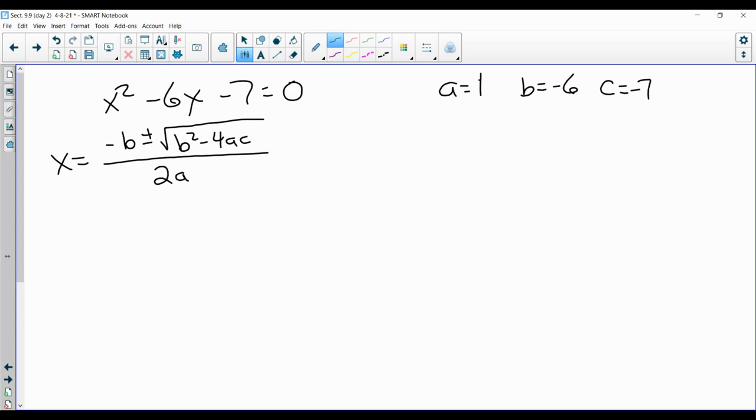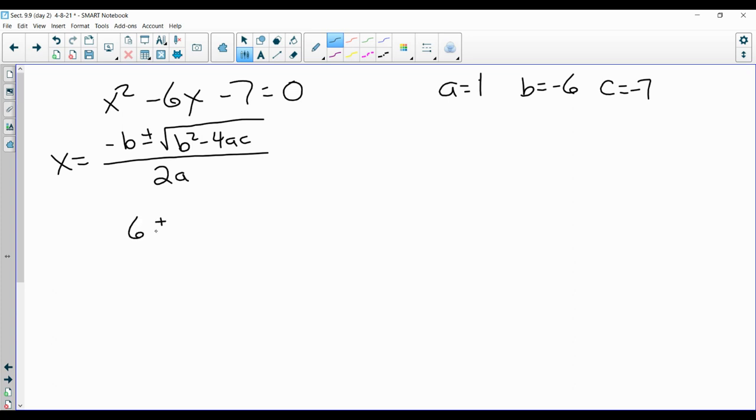Rachel, let's just go in order right here. Can you tell me what do I need to plug in now? Negative b is 6, plus or minus. Okay, good. Recognize she said 6, because really this is the opposite of b since it's a negative variable. So that's a double negative. So we're going to say 6.